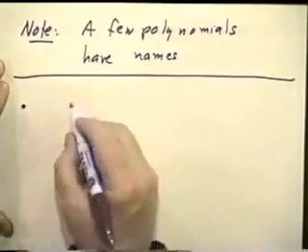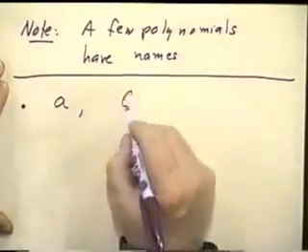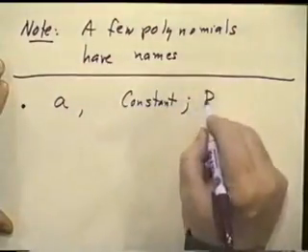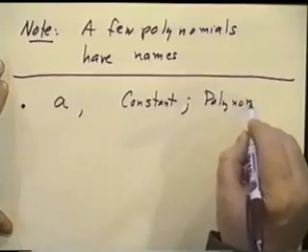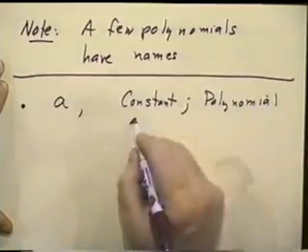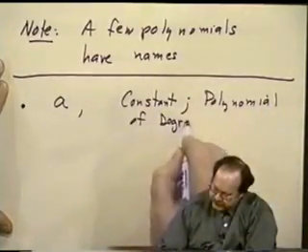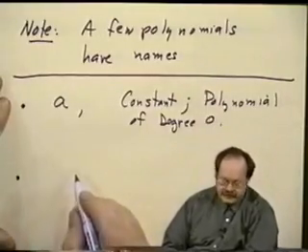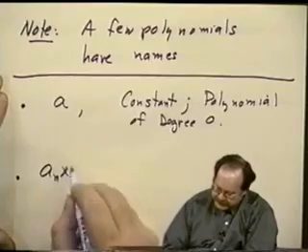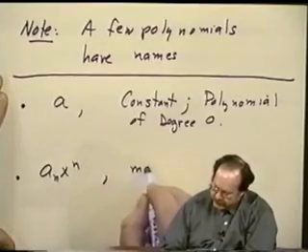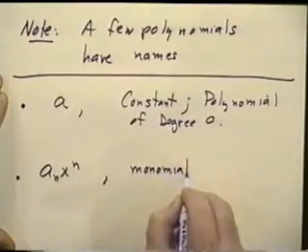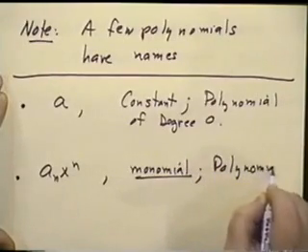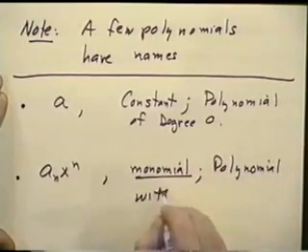For example, a constant polynomial. What is that? Another way of saying that is, it is a polynomial of degree 0. What's next in line after a constant? Well, a n x to the n. Of course, you know that that's a monomial. And what is that? That's a polynomial with one term.